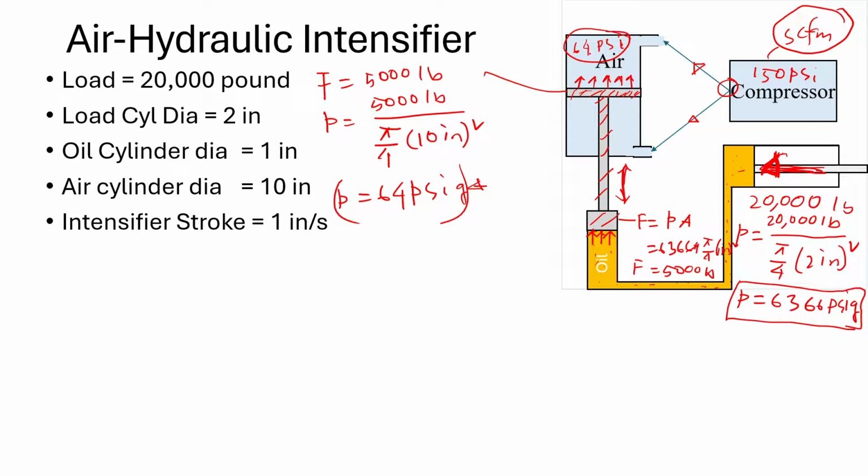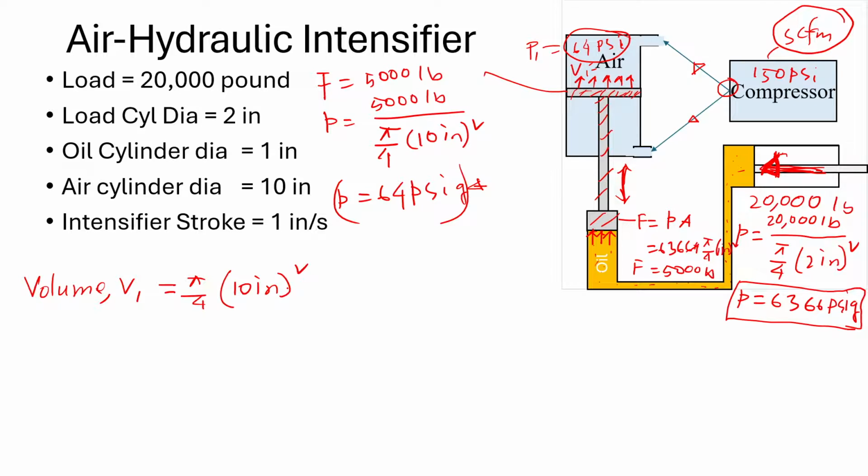Next we need to calculate the volume of air right here. Let's say this is our P1, and then we need to calculate V1, the volume of air at that 64 psi inside the air piston. Simply, the volume V1, where 1 is our condition in the air piston, is the area of the air piston times the stroke, so pi by 4 times 10 inches squared.